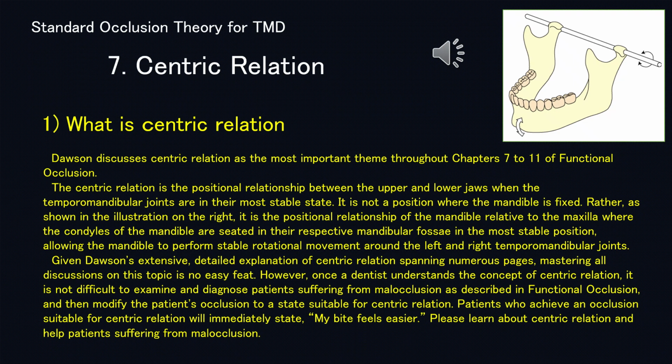Rather, as shown in the illustration on the right, it is the positional relationship of the mandible relative to the maxilla where the condyles of the mandible are seated in their respective mandibular fossae in the most stable position, allowing the mandible to perform stable rotational movement around the left and right temporomandibular joints.